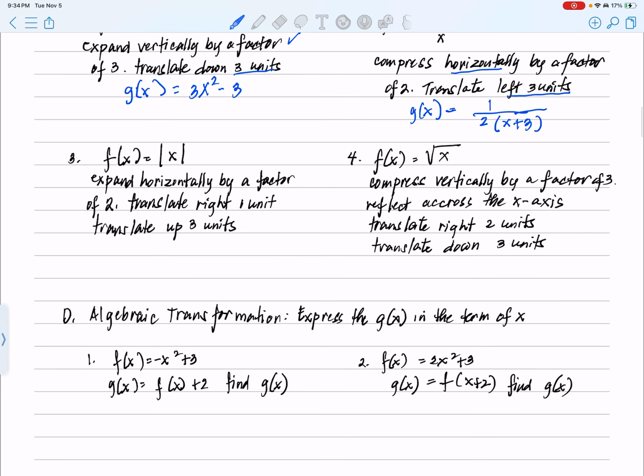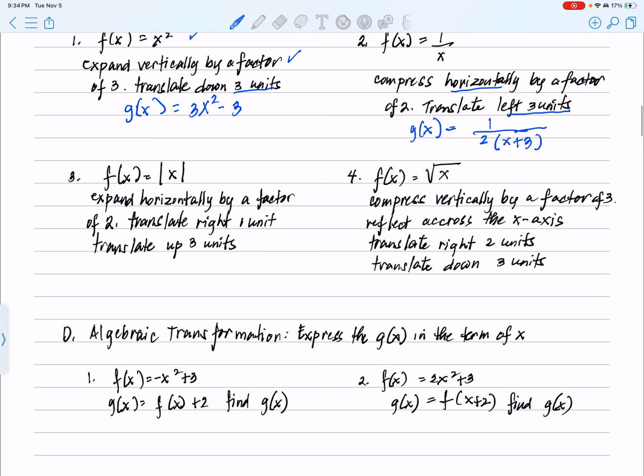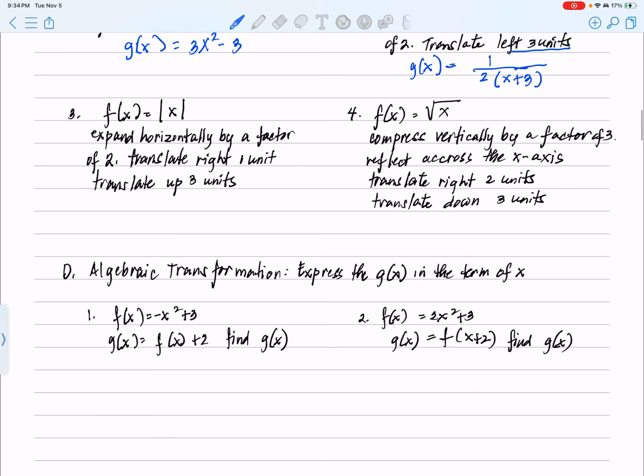All right, f of x is the absolute value of x. That is the parent function. Expand horizontally by a factor of 2. So we can write g of x, start writing the absolute value. Horizontal, that means 2 is 1/2.